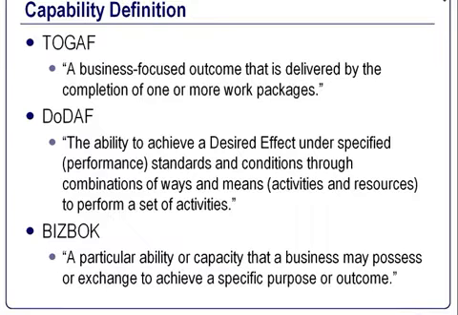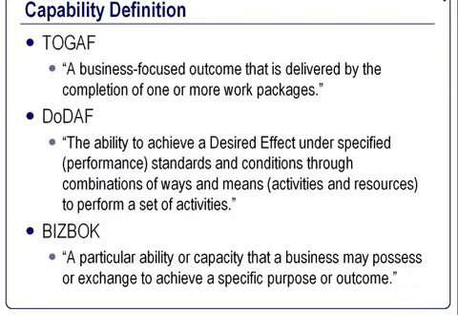So we could take a look at a different standard for a definition. We take a look at DODAF, the Department of Defense Architecture Framework. In that approach, the definition of a capability is the ability to achieve a desired effect under a specified set of standards and conditions by the combination of ways and means, such as activities and resources, to perform a set of activities.